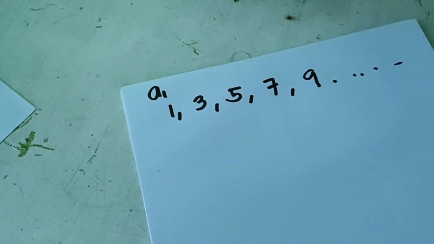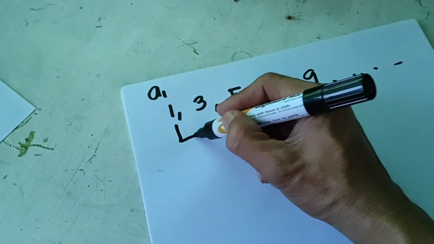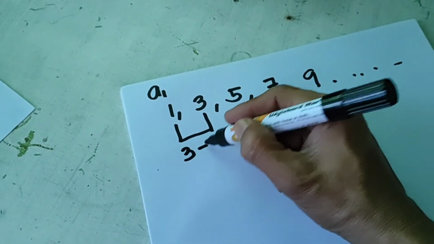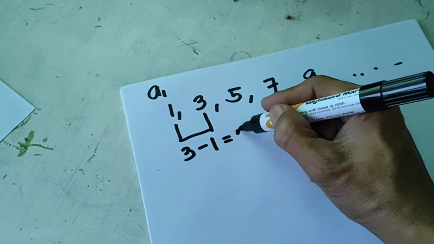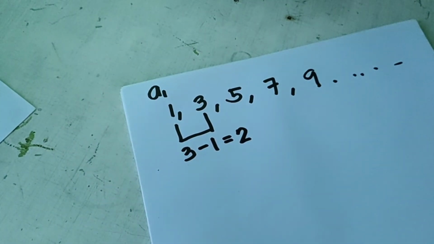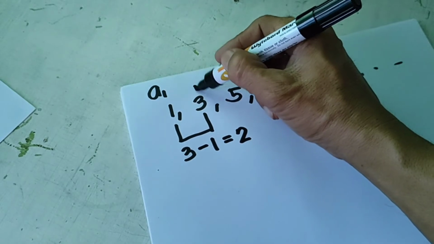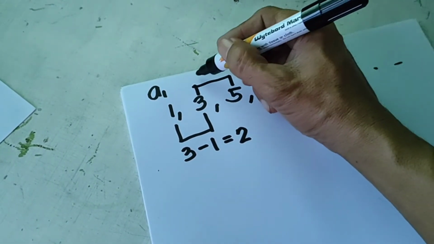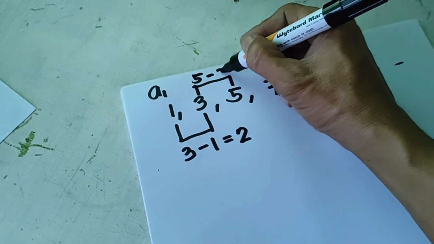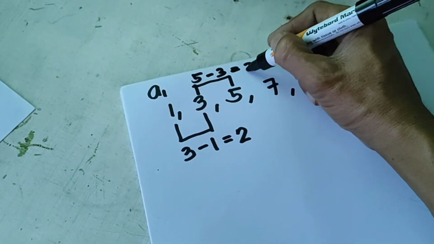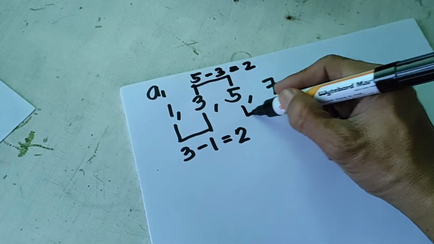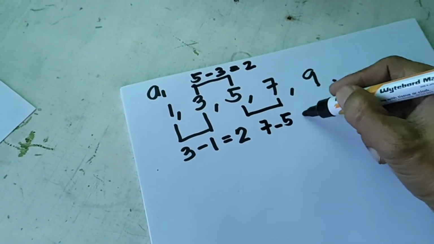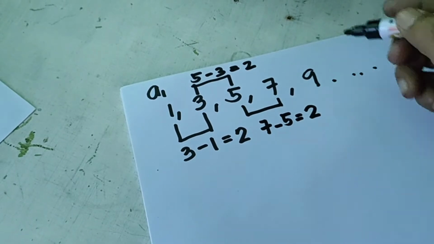To find the difference, you have to subtract two numbers first. We have 3 minus 1 is equal to 2. Next, we also subtract, 5 minus 3 is equal to 2. Then we have 7 minus 5 is equal to 2.